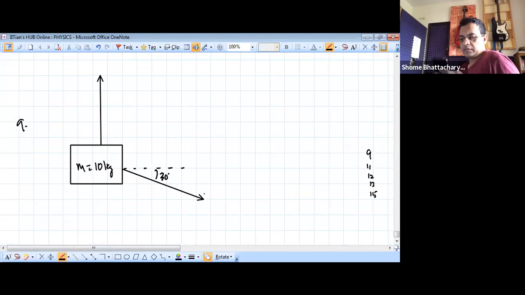This angle is 30 degrees. This force is 20 newtons in magnitude, and this force is also 20 newtons. So your net force will be in some direction like this, the triangle law.